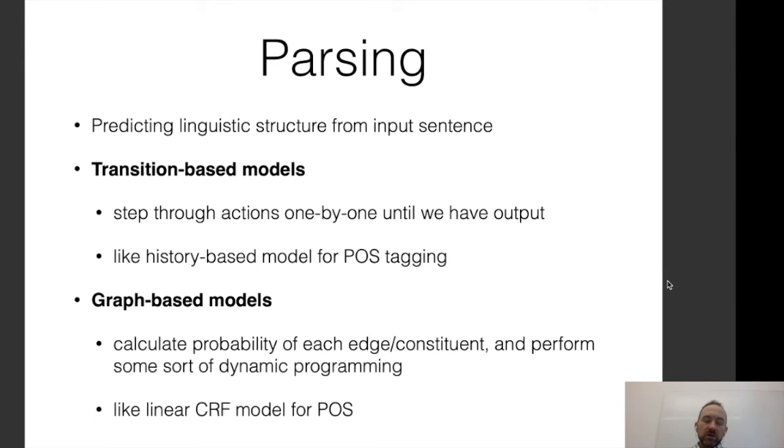So previously, when we were talking about part of speech tagging or sequence labeling, we talked about history-based models, where we have an encoder-decoder that tries to predict the outputs one by one, or CRF-based models, where we do a dynamic program over the output. And transition-based models and graph-based models are the analogs to these two ways of performing sequence labeling, except with respect to parsing.